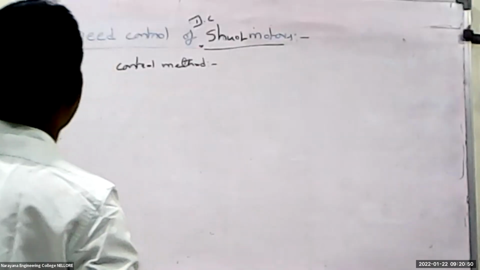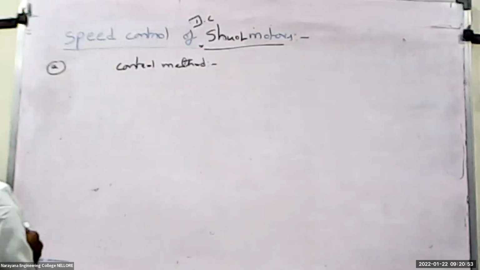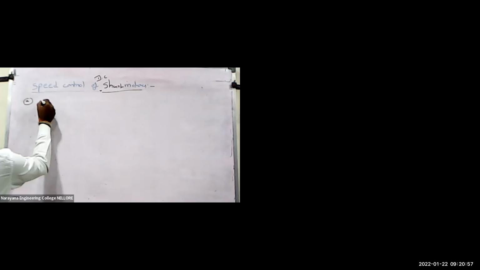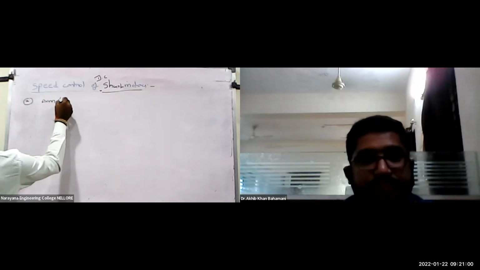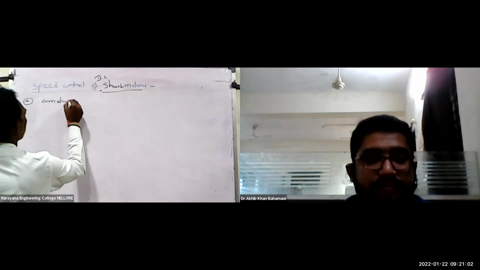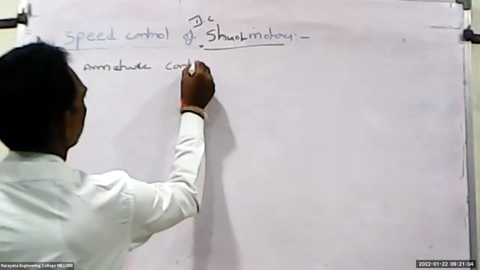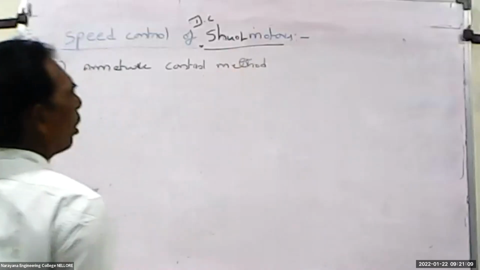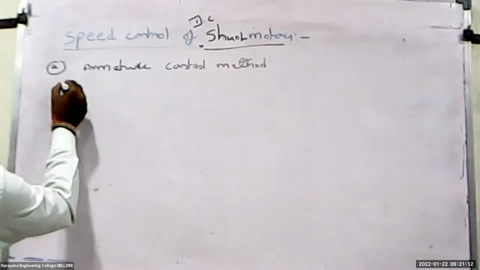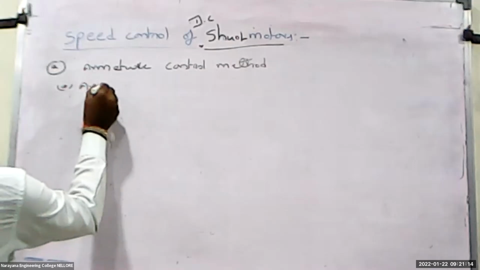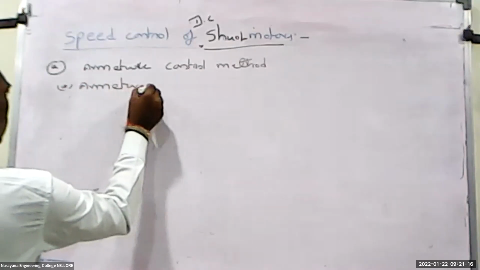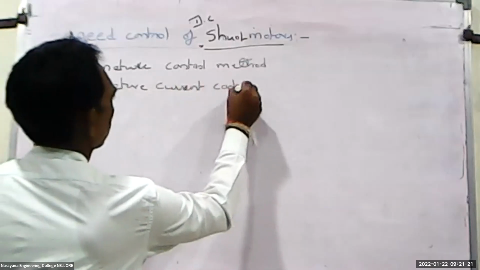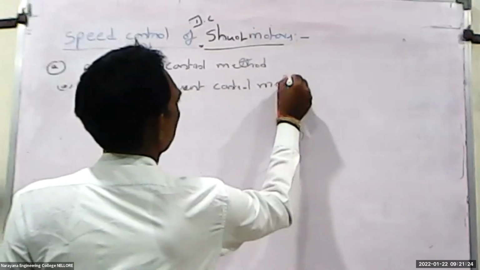Next one. Armature control method. In some cases, they have to write it like this: armature current control method.